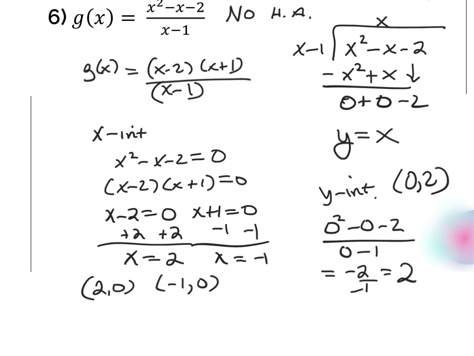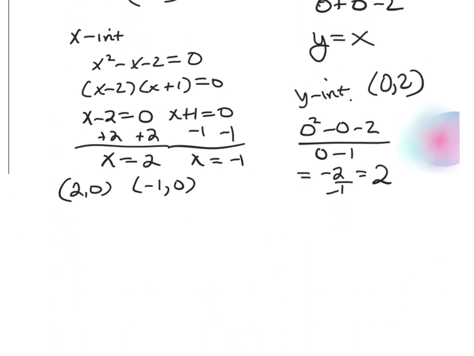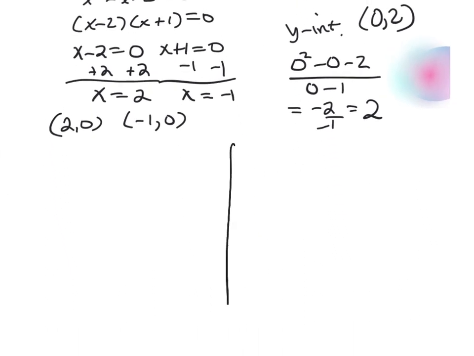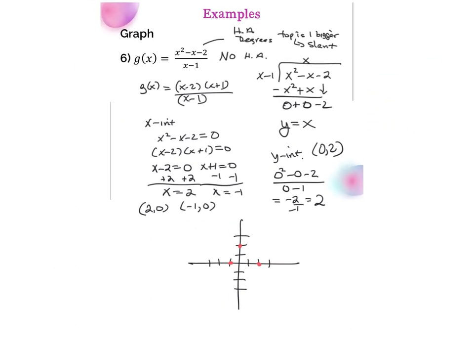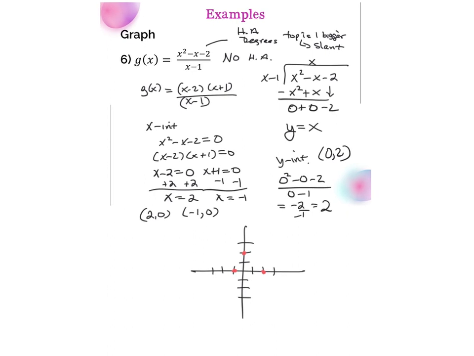So let's go ahead and get all of this information on my coordinate plane. So I can graph my x-intercepts, my y-intercept. Let me come back up here, get my horizontal asymptote, which I don't have. Remember, it was none.